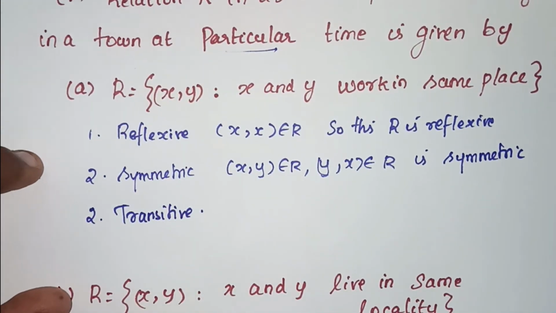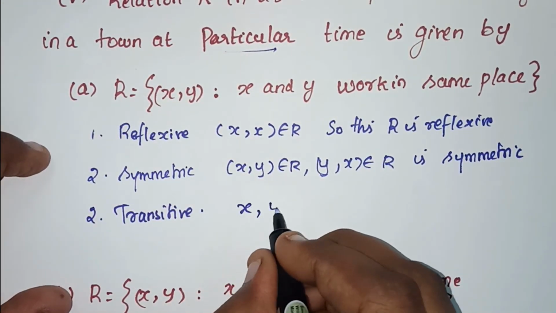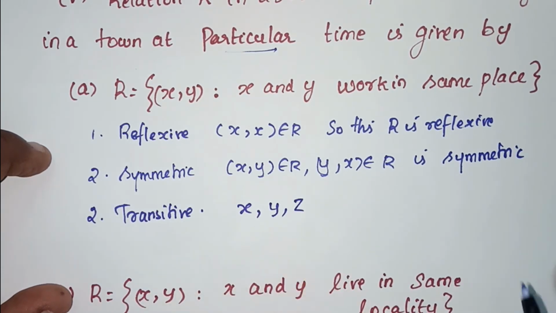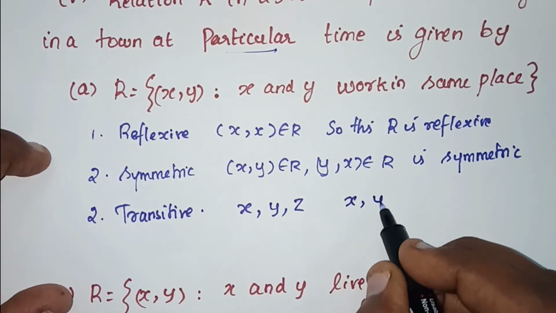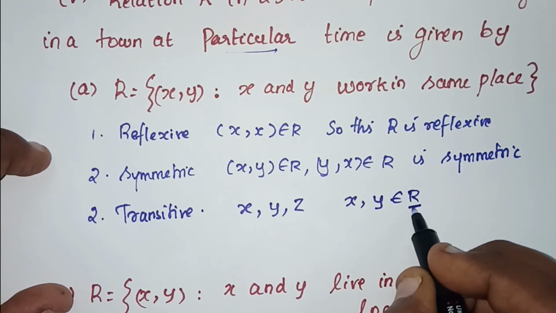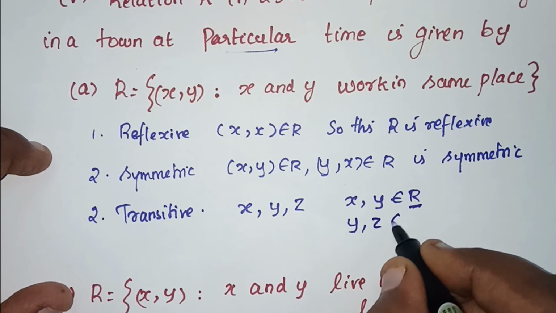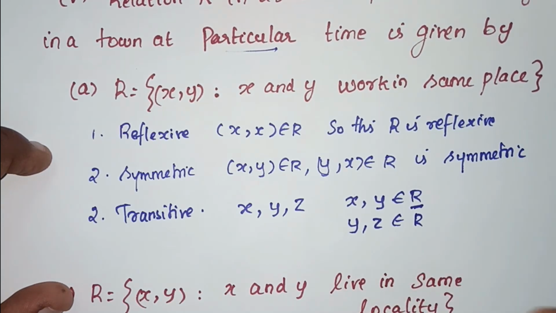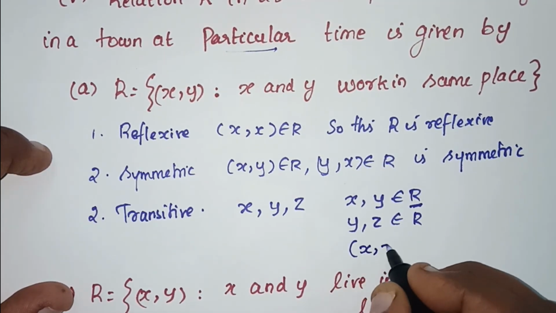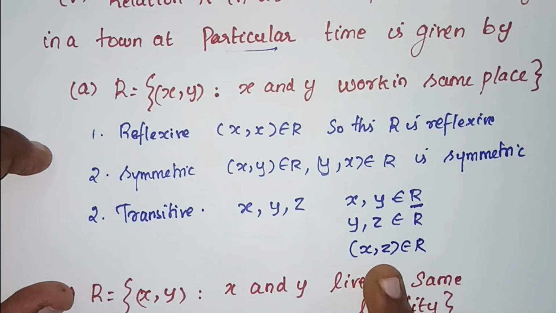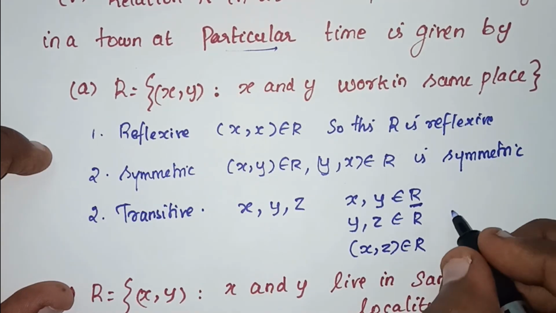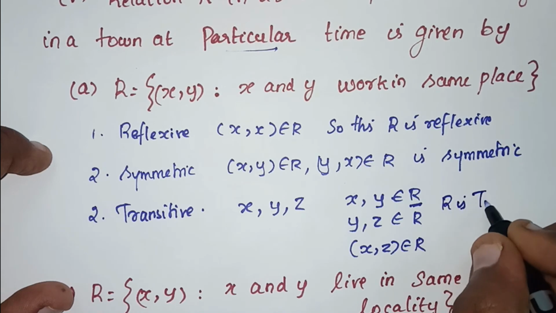We will take 3 human beings, x, y and z. X and y work in the same place. Y and z work in the same place. So obviously x and z also work in the same place. So this relation is also transitive.